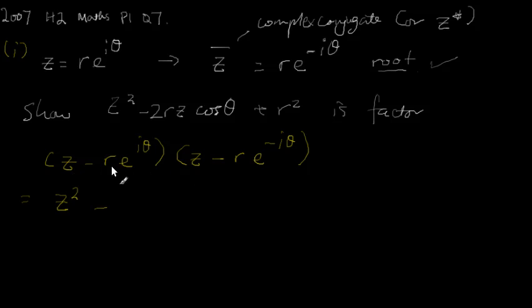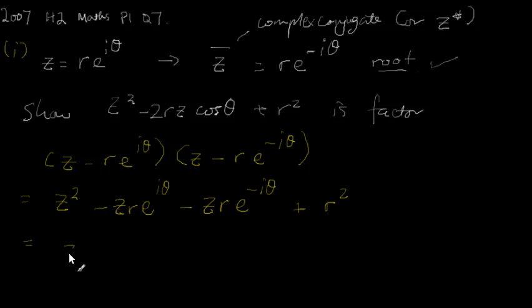This times this is −zr e^(iθ), that times that is −zr e^(−iθ), and that times that is plus r², since e^(iθ) times e^(−iθ) is 1.